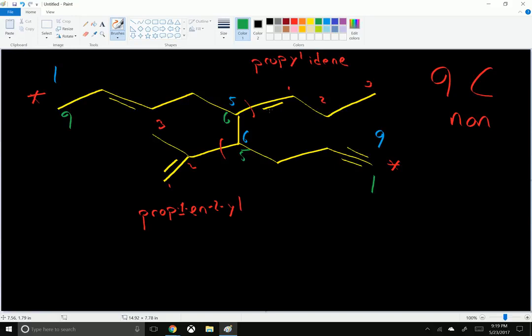Which means what matters is what comes first, propylidene or prop-1-en-2-yl. Letters come before numbers, so propylidene comes first. So that means that we give priority, or sort of priority. We're going to use the blue numbering system, 2, 3, 4, 5, 6, 7, 8. We are not going to be using the green numbering system.